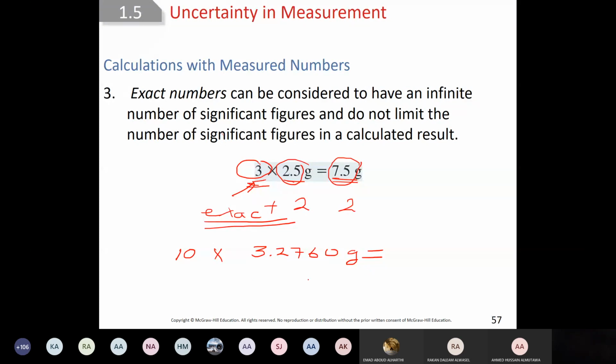How should you report it? I said I have 10 students. If I say 10 students, what does that mean? It's an exact number. Don't count it. So you multiply 10 times this number. What's the answer? 32.760 gram. How should I report it?